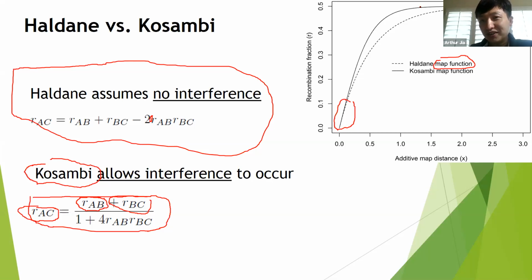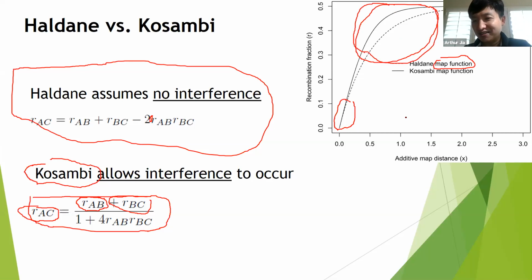The only difference is in between, in the middle. As the distance between region 1 and region 2 increases, the interference decreases. So these two functions are different in the middle region.